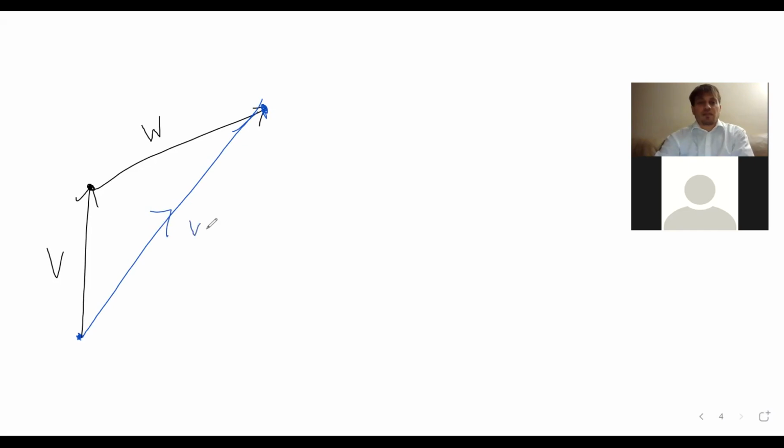So this is vector V plus W formed in that way. So this is a second way to define the vector V plus W. Okay, and so this is from the triangle rule for vector addition.